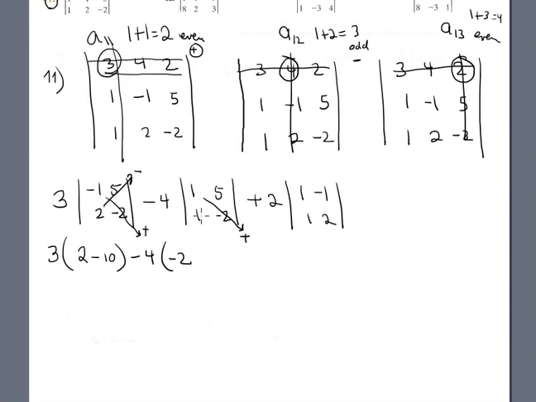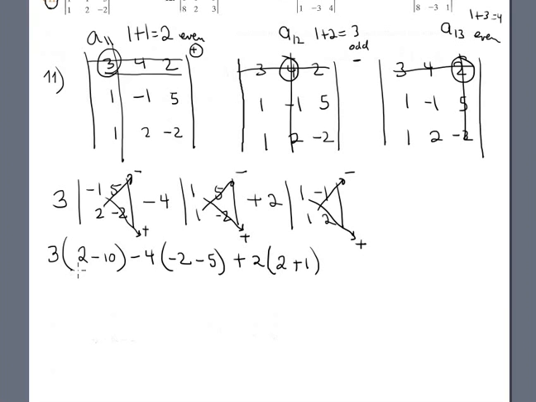Negative 2, negative 2, and this and this minus is minus 5. Plus 2, open parenthesis, this is plus, and this is minus. So it's 2 plus 1, because it's negative 1, and negative 1 is positive 1.